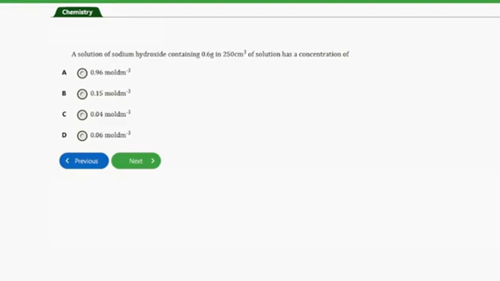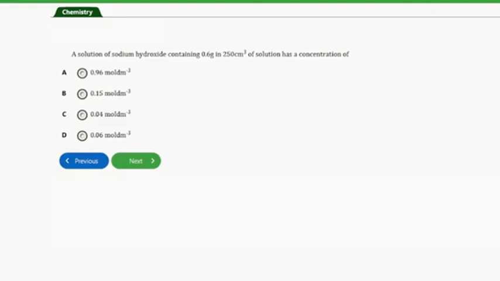Question number 11. It says, a solution of sodium hydroxide containing 0.6 gram in 250 cm cube of solution has a concentration of A, 0.96 mole per dm cube, B, 0.15 mole per dm cube, C, 0.04 moles per dm cube, D, 0.06 moles per dm cube.